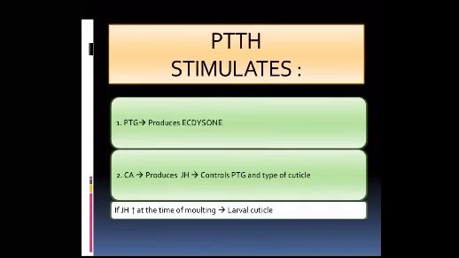Now the PTTH stimulates the prothoracic glands to produce ecdysone, and the corpora allata, which produces juvenile hormone which controls the prothoracic gland and the type of cuticle to be formed. That is, if the juvenile hormone is more at the time of molting, larval cuticle is formed, and if it is less, then adult cuticle is formed.